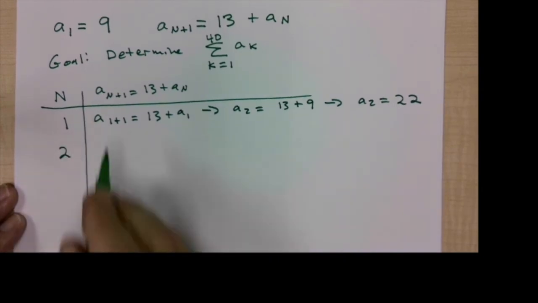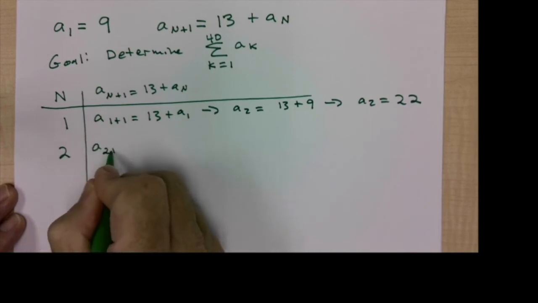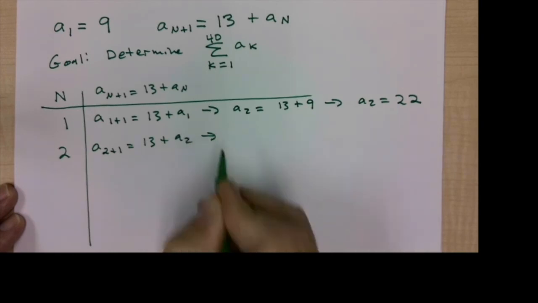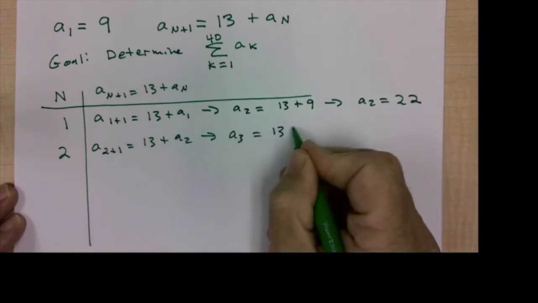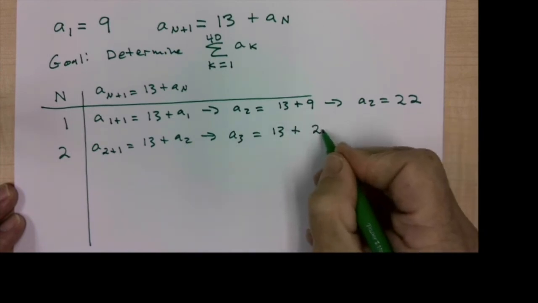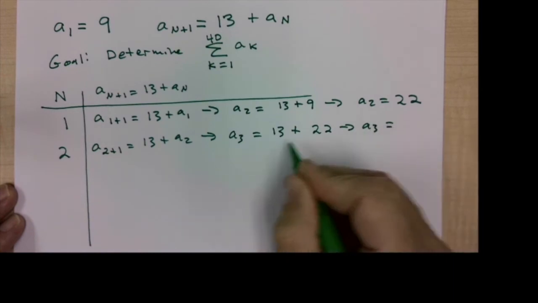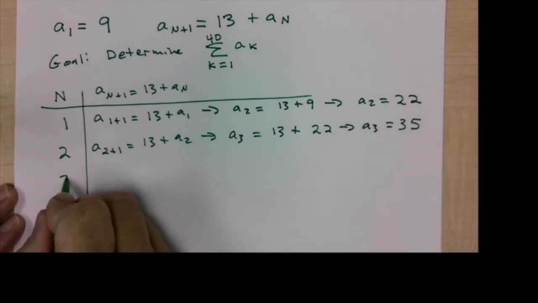If n is 2, plugging in 2 for n, a sub 2 plus 1 is 13 plus a sub 2, which would tell me that a sub 3 is 13 plus 22, which tells me a sub 3 is 35. And let's do one more here.